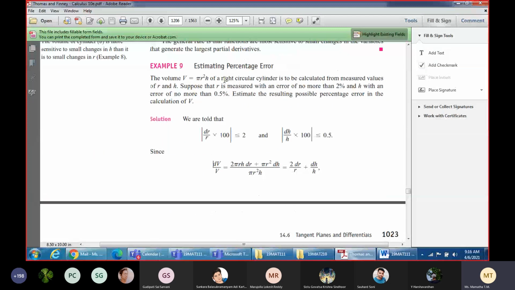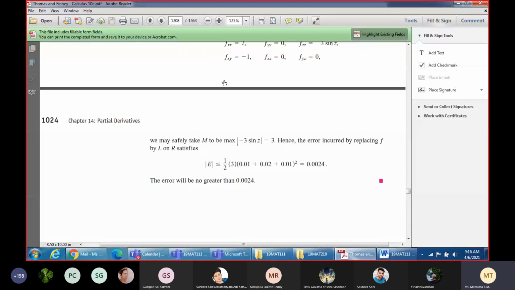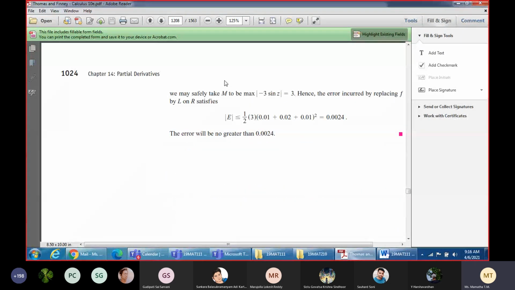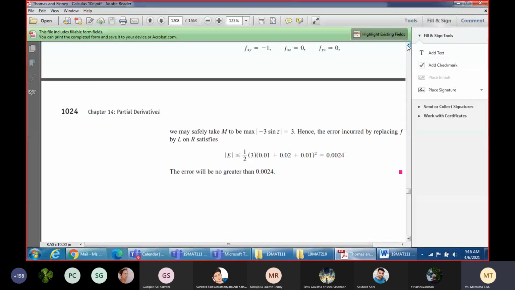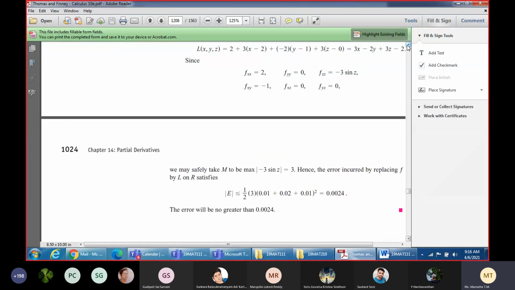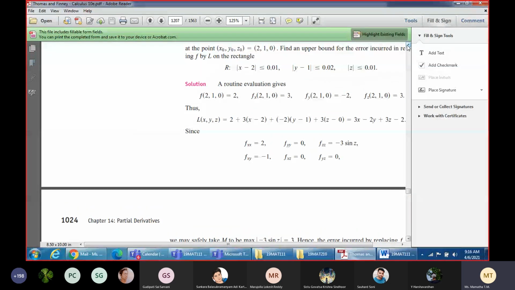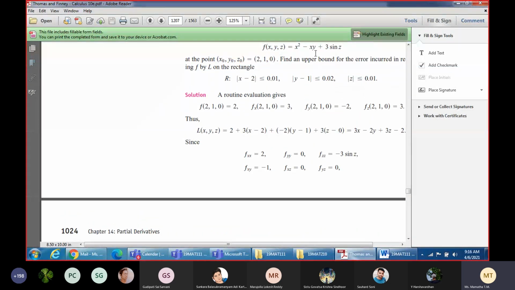So I'll just go back to this problem. Yeah, you can see for this particular problem, if you are finding the second derivative, say the given function was x square minus xy plus 3 sine z. So when you find the derivatives, what do you get? 2, 0 and minus 3 sine z.